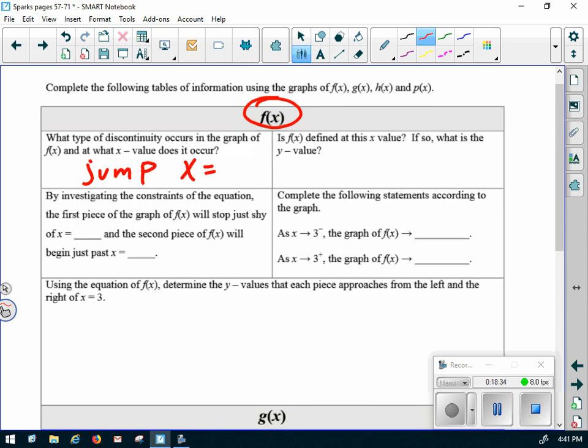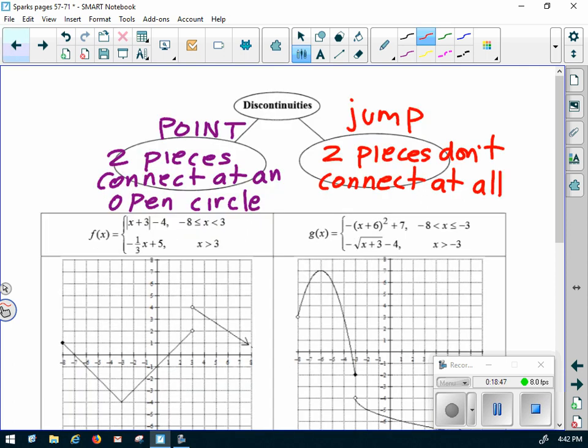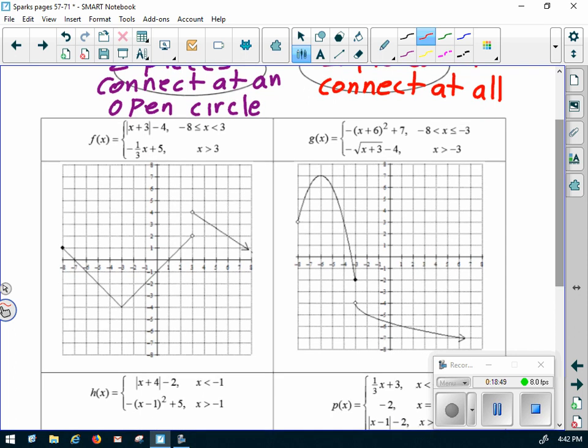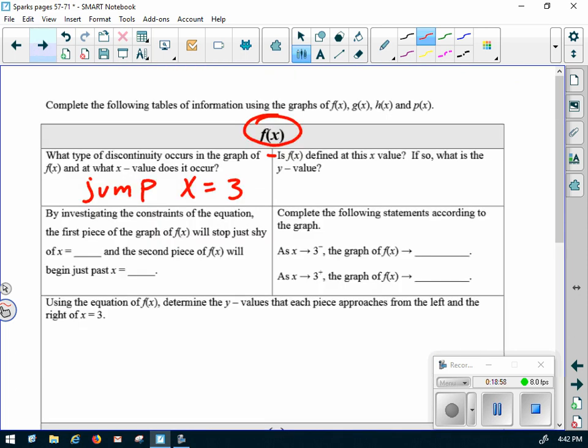Well, that occurs at x equal 3. We did that already. Now look at this question right here. Is f of x defined at this x value? When x is 3, does x equal 3 have a y value? Nope, because both of those are open circles. So f of 3 is undefined.